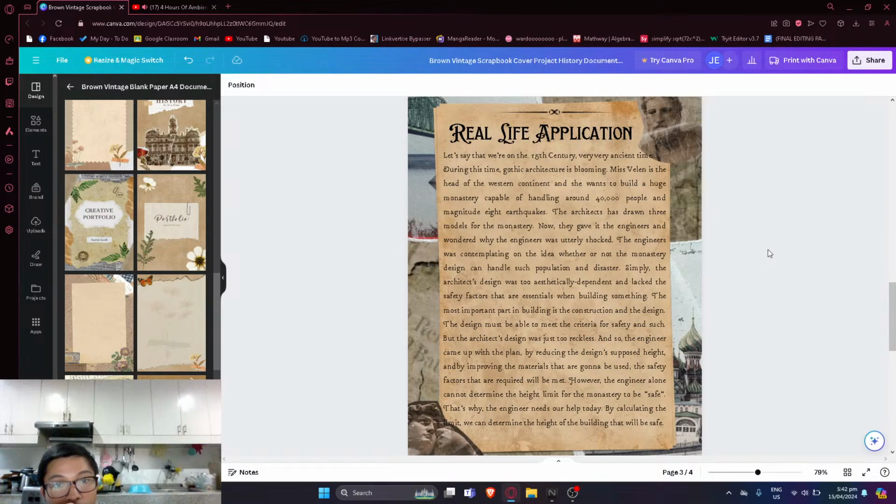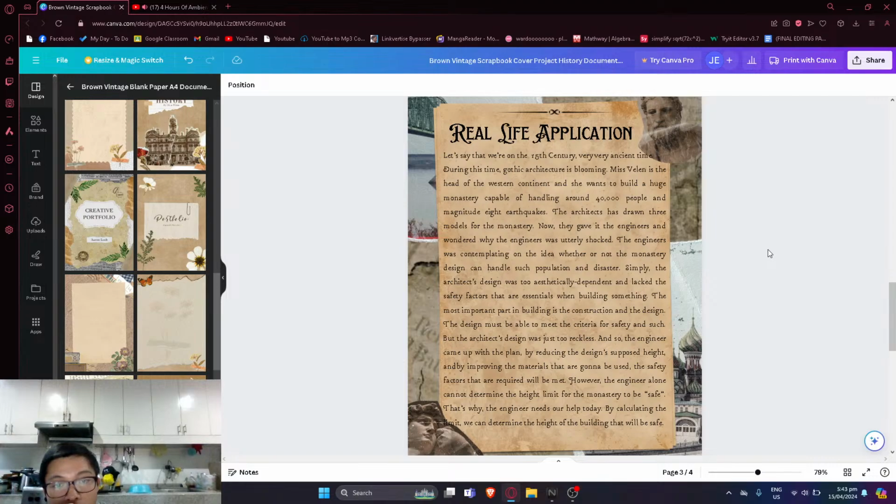Miss Velen is the head of the Western continent, and she wants to build a huge monastery capable of handling around 40,000 people and magnitude 8 earthquakes. The architects have drawn 3 models for the monastery. Now, they gave it to the engineers and wondered why the engineers were utterly shocked. The engineers were contemplating whether or not the monastery design can handle such population and disaster.